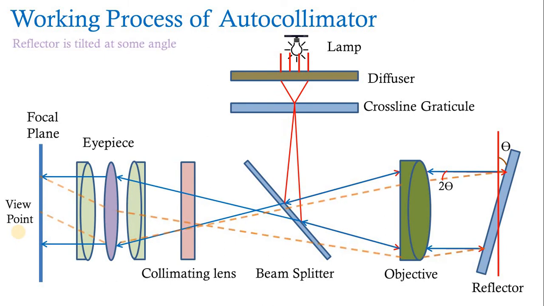Further errors may also occur due to errors in the flatness and reflectivity of the target mirror, which should be of high quality. So these are some specifications we are getting whenever we are measuring an angle by using this autocollimator. Small deviations can be measured by using this autocollimator.